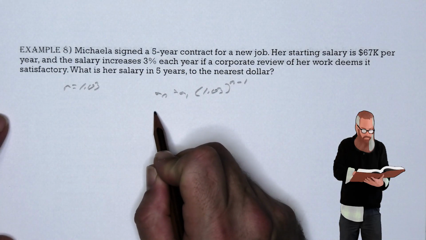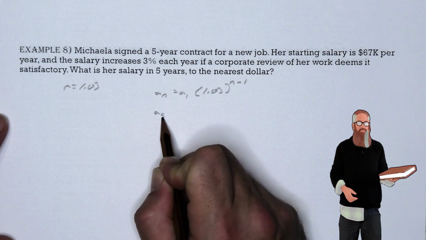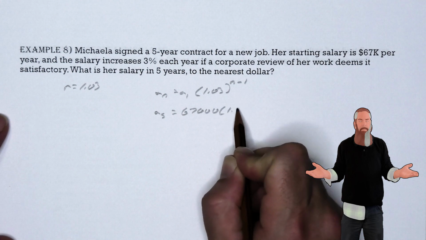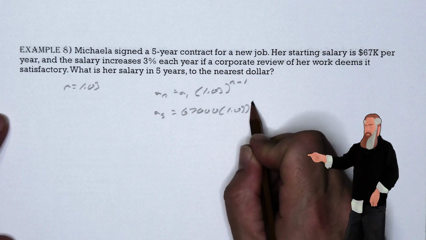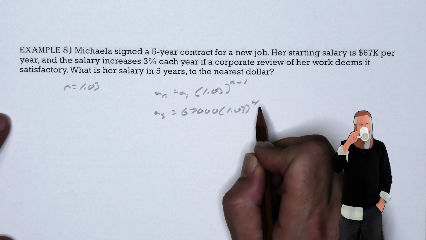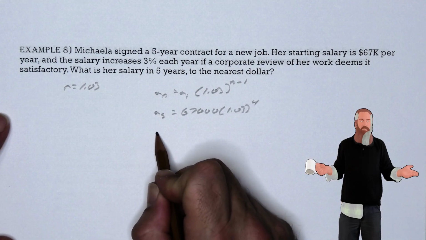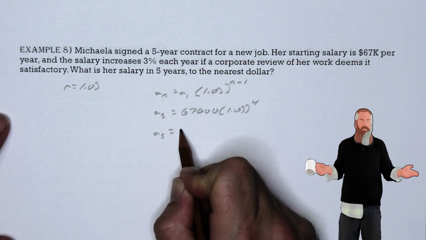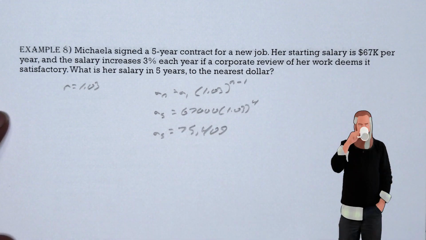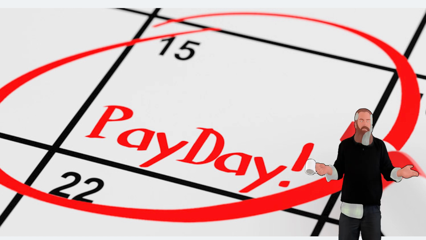Simply speaking, we're going to wind up with her 5th year being 67,000 times 1.03 to the 4th power. That's because she will have earned 4 pay raises. By using a calculator, we're going to get her 5th year salary being $75,409.